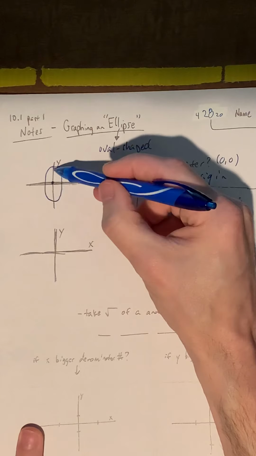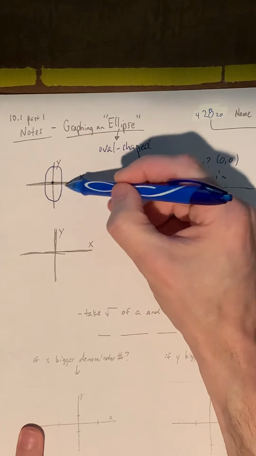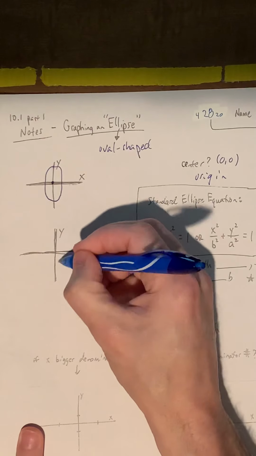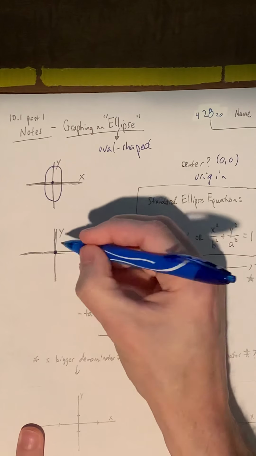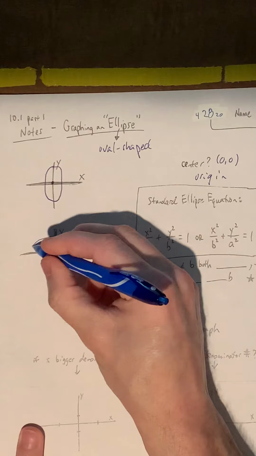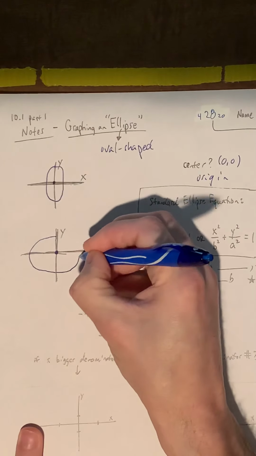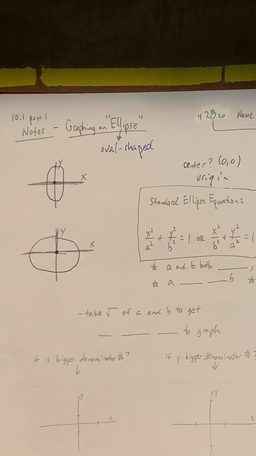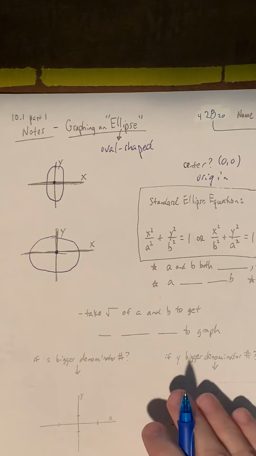Here, the vertical radius is longer than the horizontal, or something where the horizontal radius is longer than the vertical radius, center at the origin, something like that. All right. Sometimes if both radii are very close together, it might almost be a circle, but not quite. All right, so that's what an ellipse is.